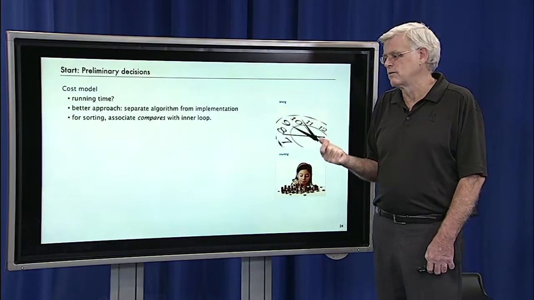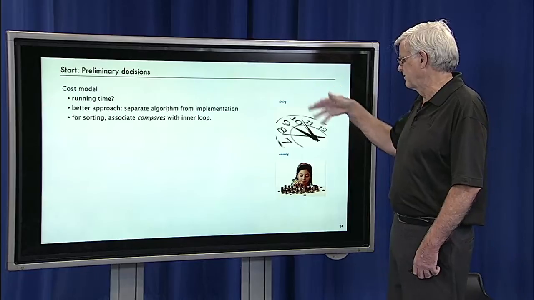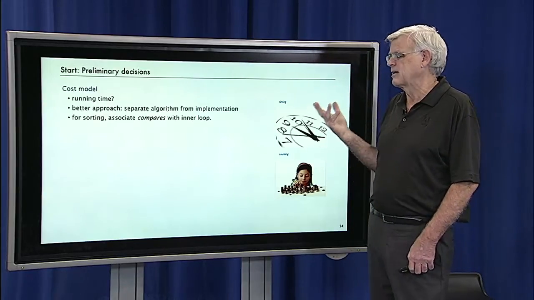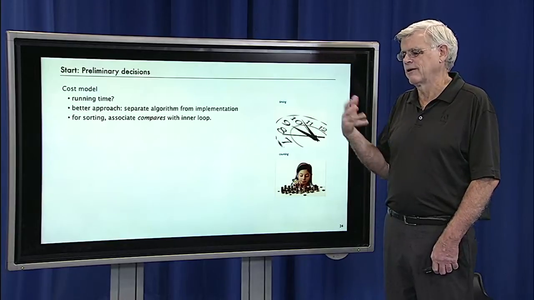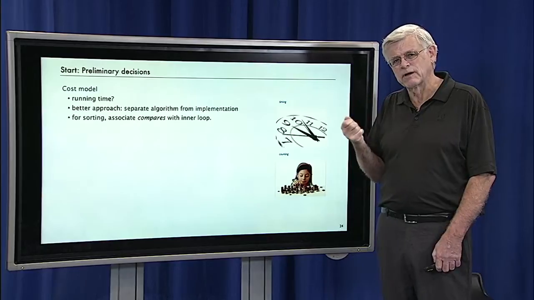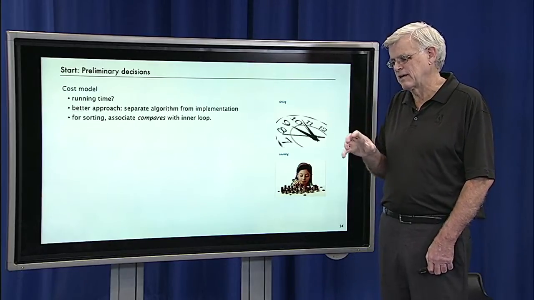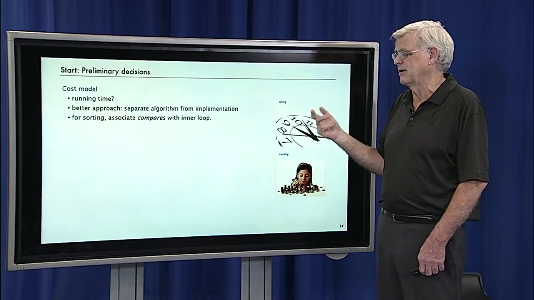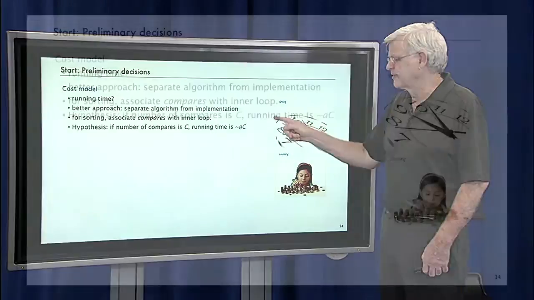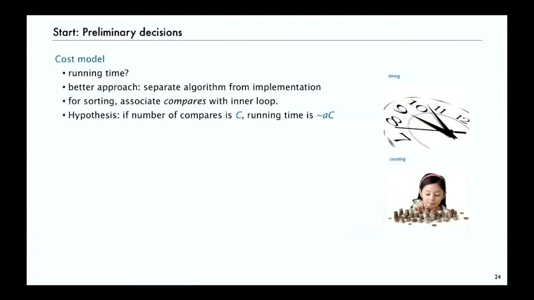And then the work we do for counting compares takes us from time to just a discrete counting process. And that will mean that our analysis is valid for any kind of machine at all. We get the frequency of execution of the compares, and then the time is just how quickly you can do a compare. That all comes rolled up into the constant. So our hypothesis is that if the number of compares is C, then the running time is tilde a C on any computer.